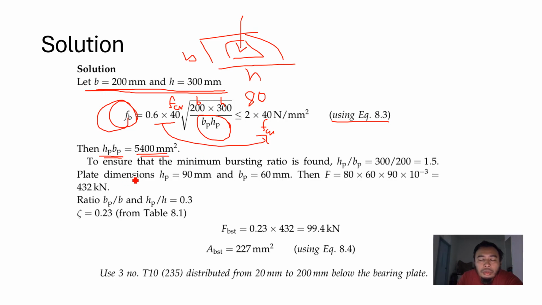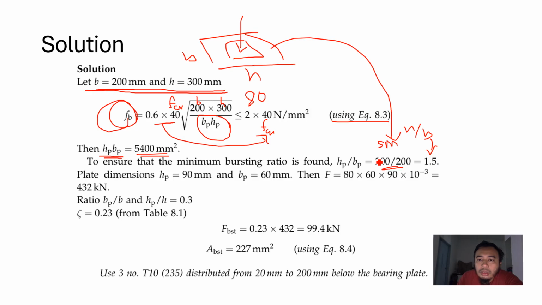To ensure that the minimum bursting ratio is found, your HP over BP should be equal to the ratio of your supporting member, the block here, 200 times 300. So the ratio of H to B is equal to 1.5.